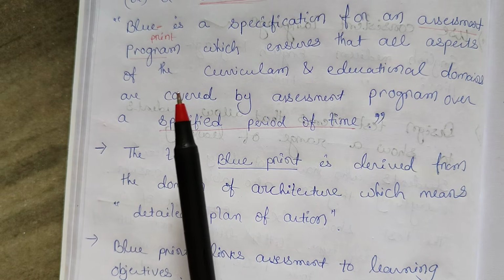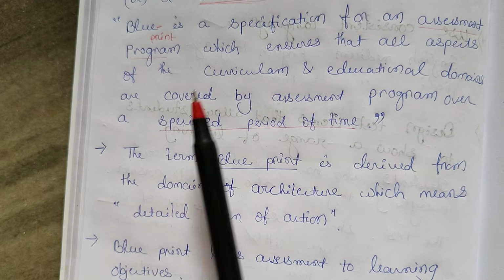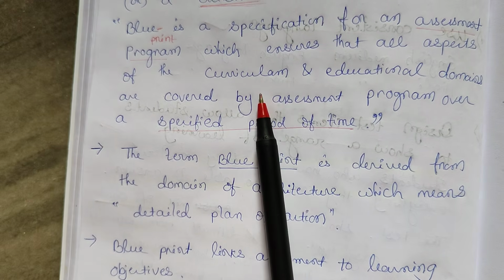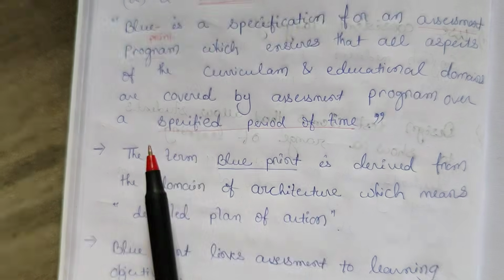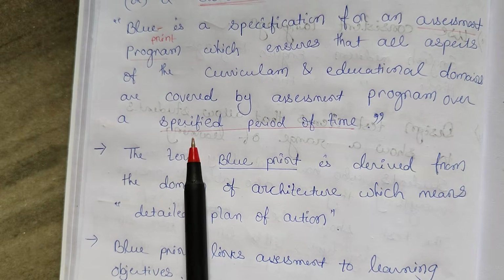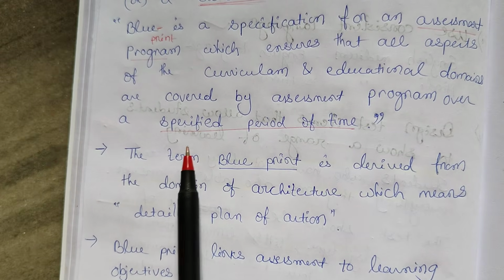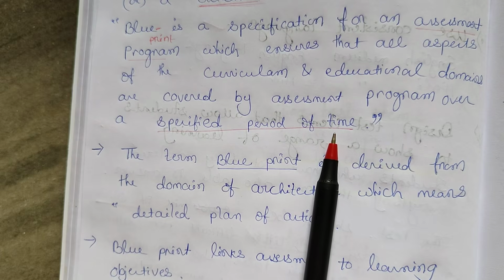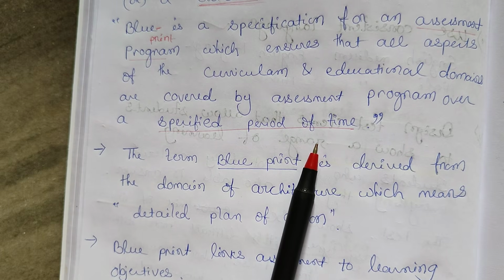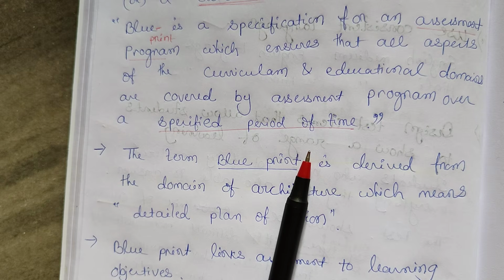So an assessment program ensures that all aspects of the curriculum and educational domains are covered by the assessment program over a specific period of time. In the first 3 months what you will do, before the half yearly exam how much to complete, what curriculum to cover, this is the blueprint of the assessment program.